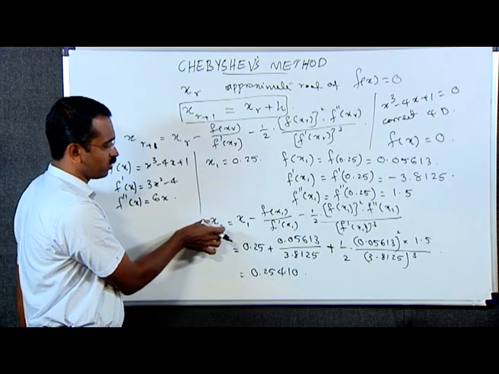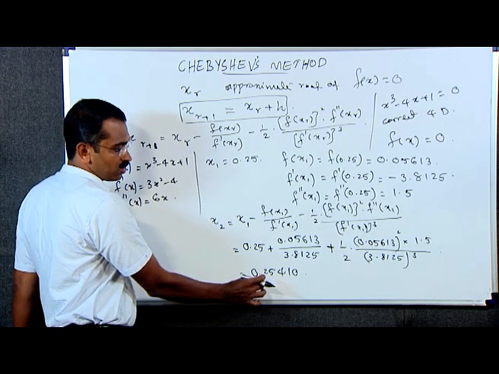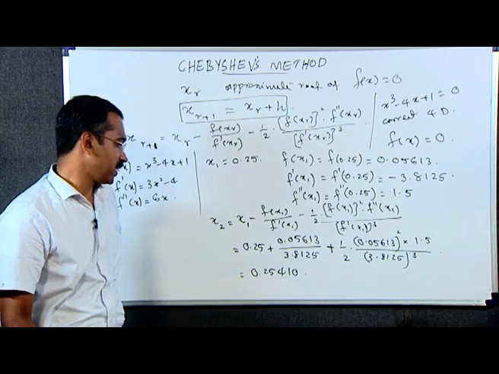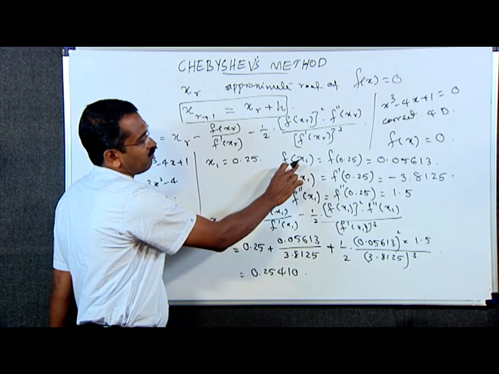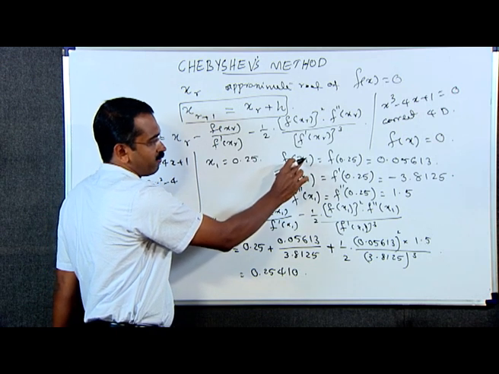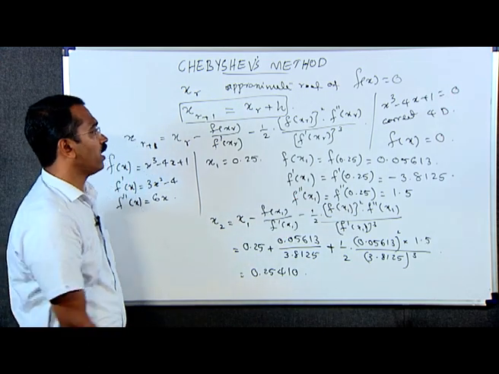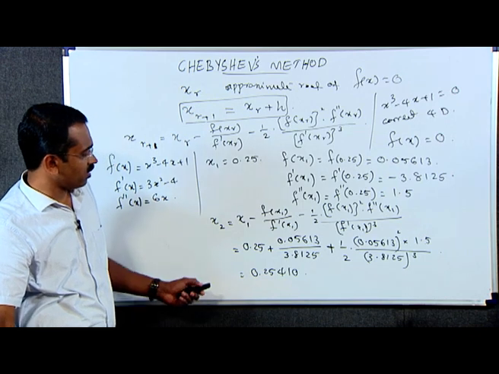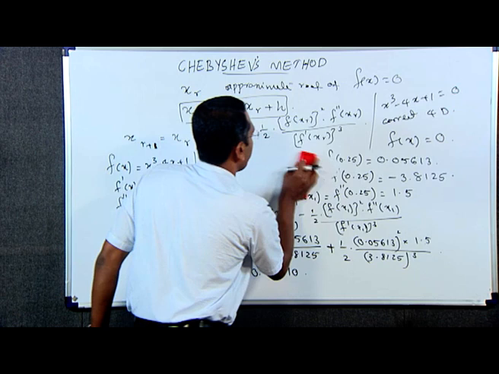Therefore, the second approximation is x2 is equal to 0.25410. Now, taking x2 as this value, we evaluate f of x2, f dash of x2 and f double dash of x2 and substitute in this formula, and then we will obtain the better approximation x3.